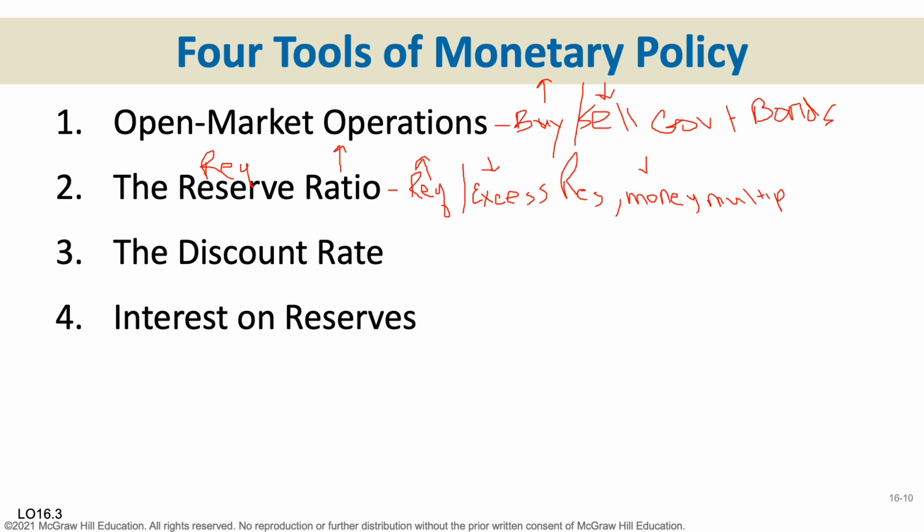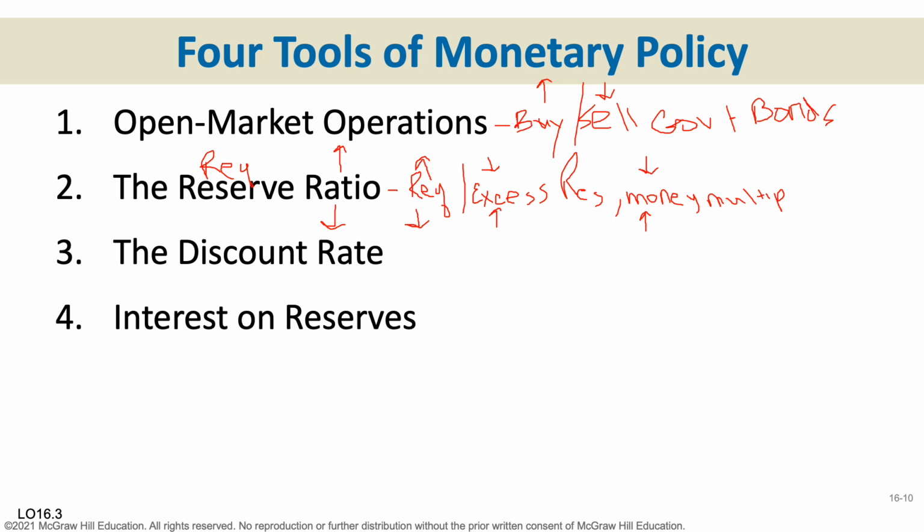So it will decrease the money multiplier. So when the Federal Reserve raises the required reserve ratio, they're going to be decreasing money supply. If the Federal Reserve decreases the required reserve ratio, then banks won't have to hold as much money, and so they'll have more excess reserves, and that money multiplier will be bigger. So that will increase money supply.